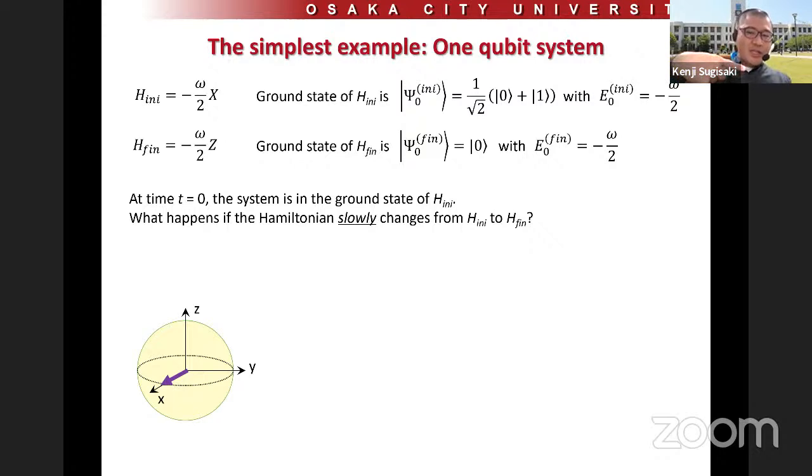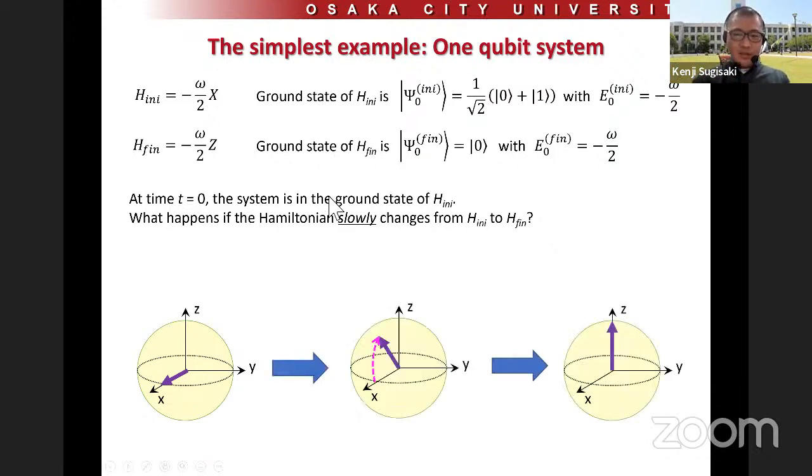And if the Hamiltonian slowly changes, this can be realized by changing the direction of the external magnetic field from the x-axis to the z-axis. It gradually changes from the x-axis to the z-axis. The quantum state will follow the direction of the external magnetic field.